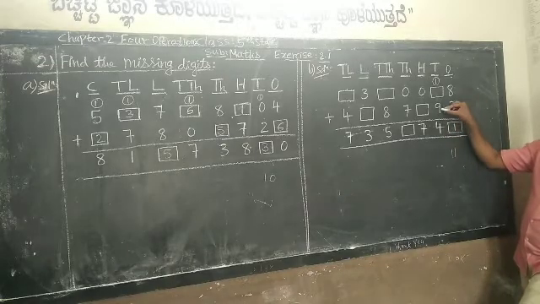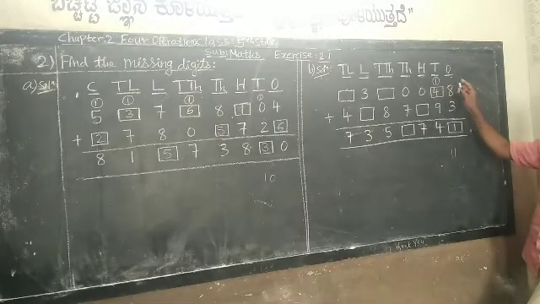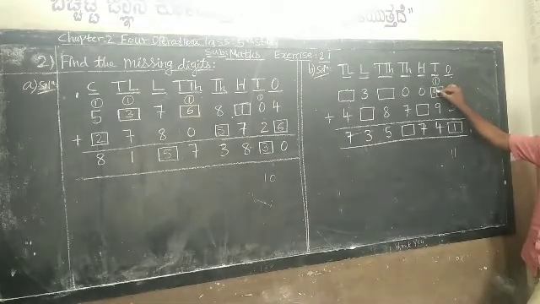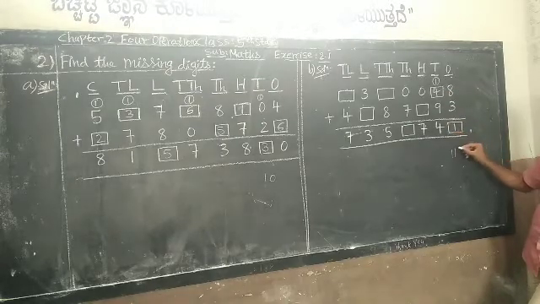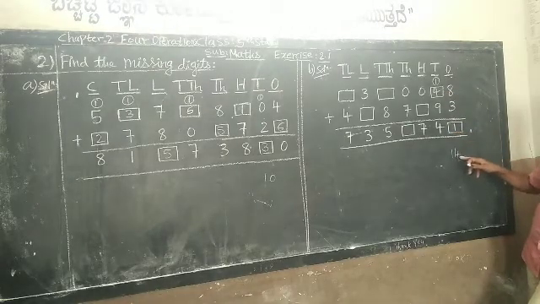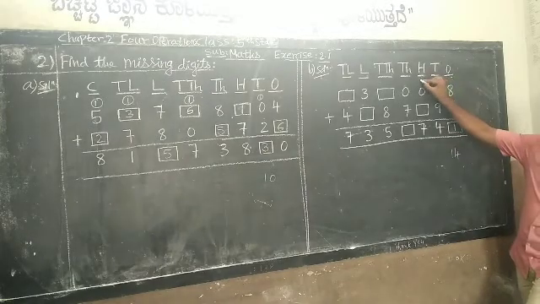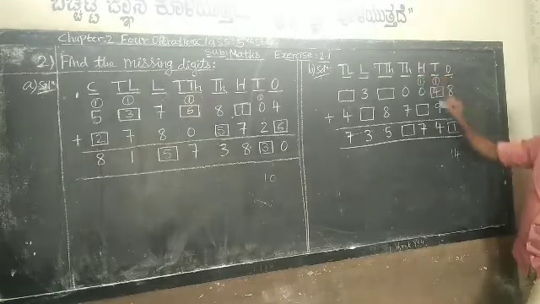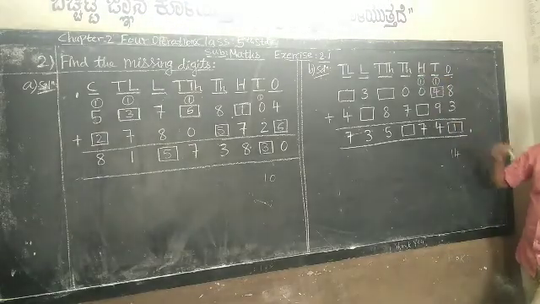When you put 4 here, what happens? 10 plus 4, 14. 14 means what you will do? When you get 14, you will write down 4, and the other one you will carry to the hundreds place, isn't it? In the hundreds place you have carried 1.